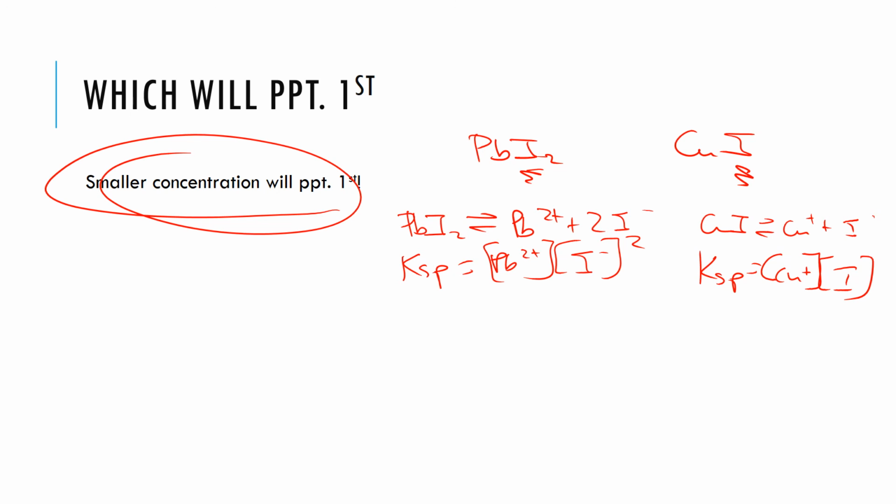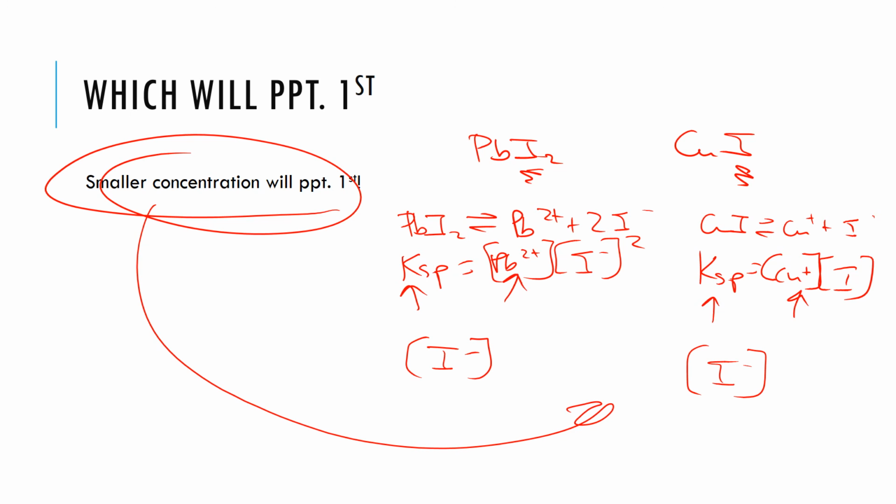They will give you some information about the Pb and the Cu, and they'll also give you KSP values. So what you would do is solve for the I- concentration for both of these. And whichever one is smaller in concentration will always precipitate first. So that's how you work these type of questions here.